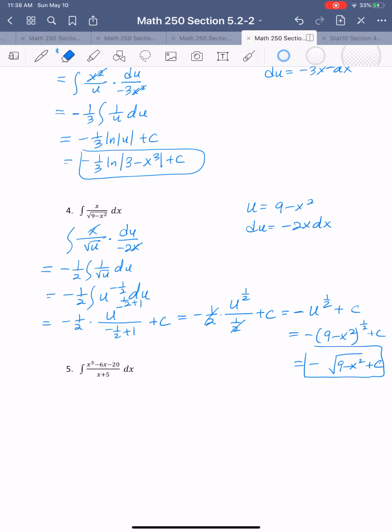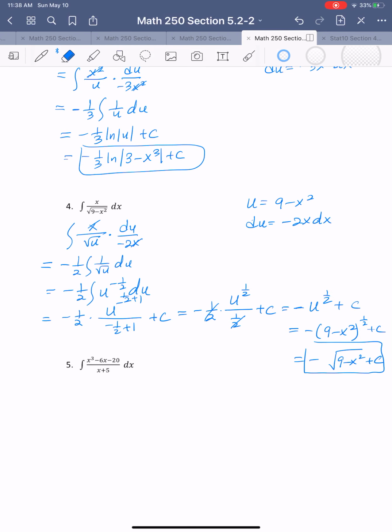And then for the next one, this time instead of u first, this is an improper rational expression. So I want to use long division to divide it. So x cubed plus 0x squared minus 6x minus 20, divided by x plus 5.